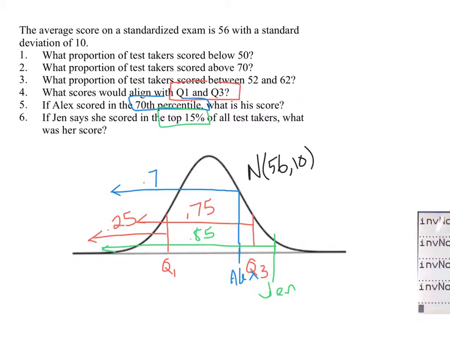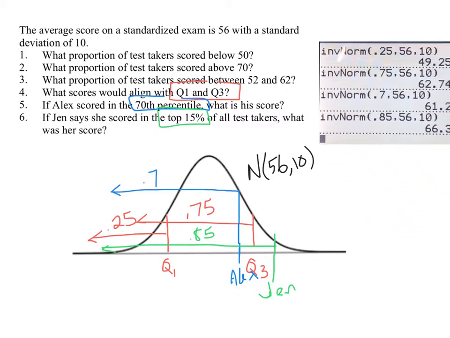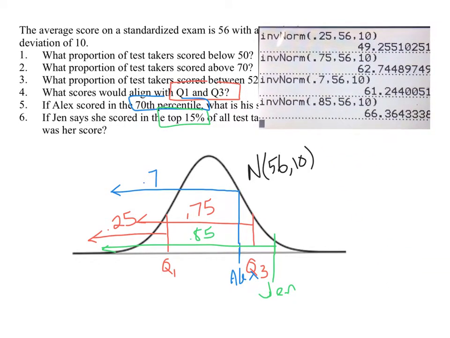Let me drag in the calculator work again to show you the way you would type this in. And again, if you've forgotten this, I would urge you to go back and watch an older video. For the first question, I actually had to do two inverse norms. I said I want an area of 0.25 below, and the other I had to do 0.75.